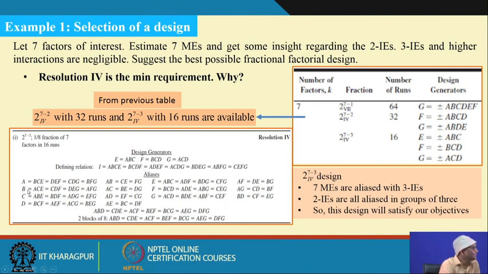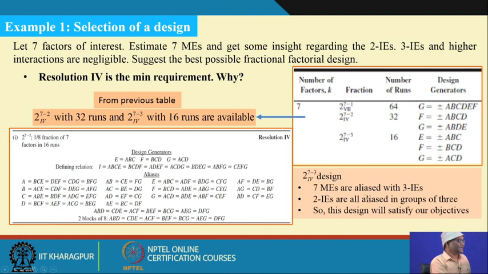So you can estimate A, B, C, D, E, F, G uniquely, as third order and higher order interactions are negligible. The second order interactions are aliased in groups of 3, that means AB, AC, AD, AE and their aliases, and you get some estimates.